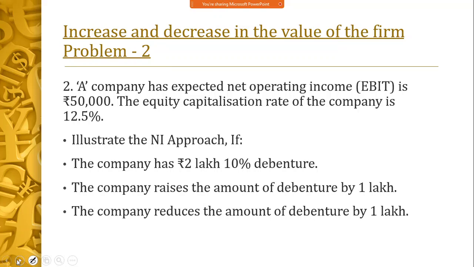Now, the second problem tells that a company named A has expected net operating income to be rupees 50,000. The equity capitalization rate of the company is 12.5%.